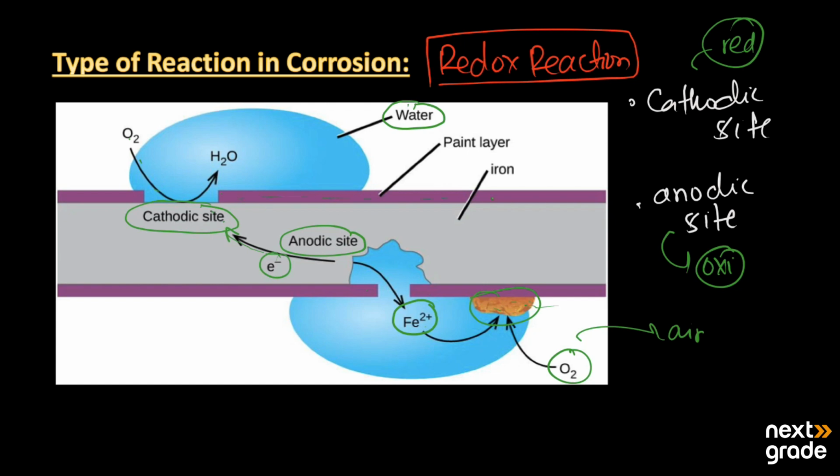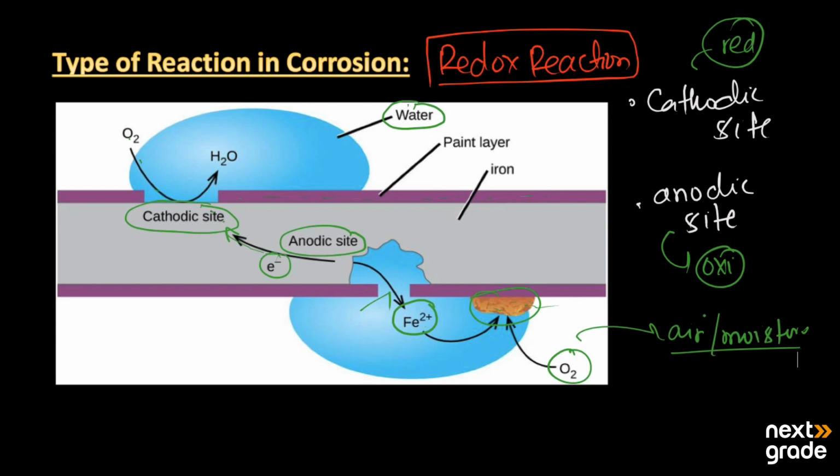If the paint layer is worn away from any surface, then it may come in contact directly with the atmosphere, and the atmospheric air and moisture will affect that surface and the process of corrosion will take place.